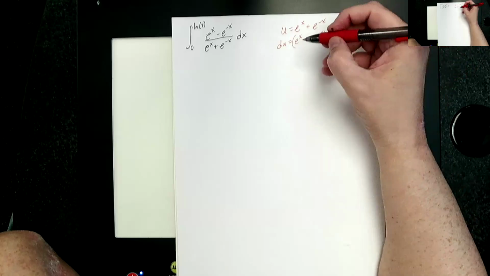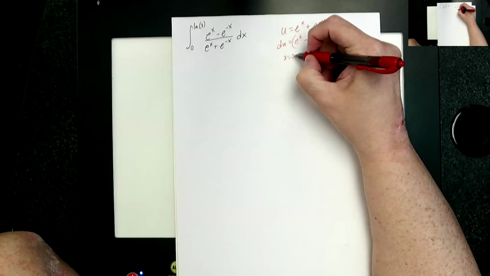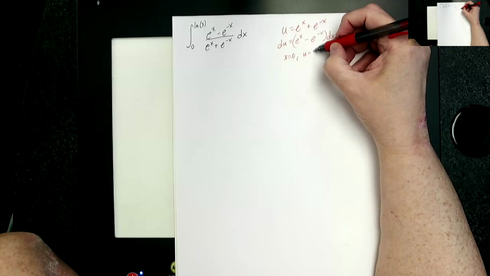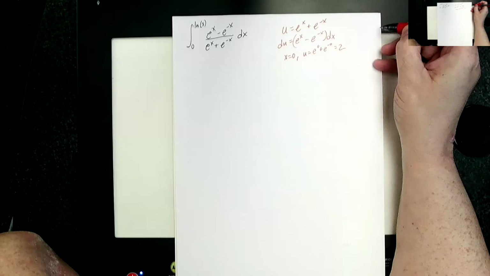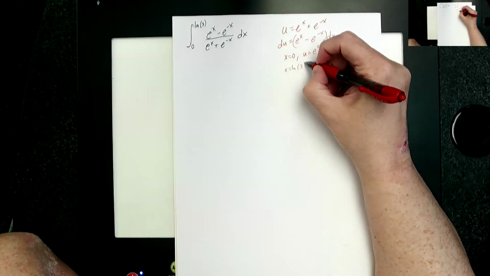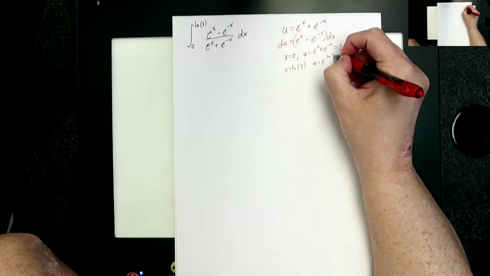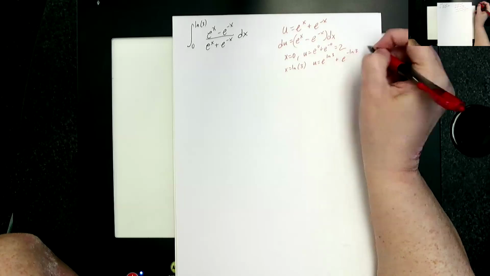If I wanted to redo the limits, when x equals 0, u equals e to the 0 plus e to the negative 0, which is 2. When x equals natural log of 3, u equals e to the ln of 3 plus e to the negative ln of 3.